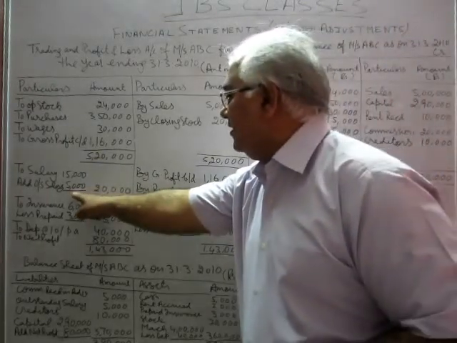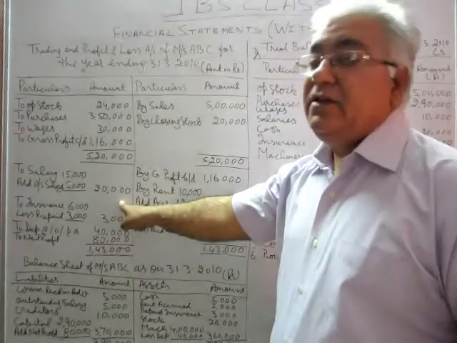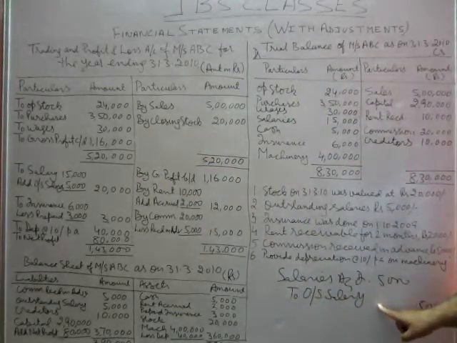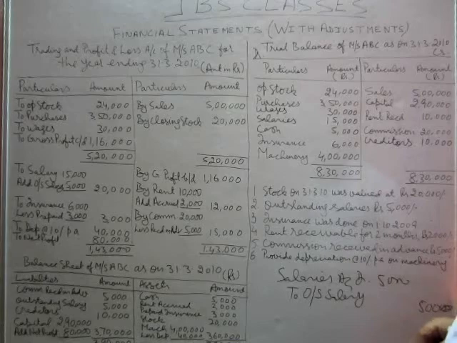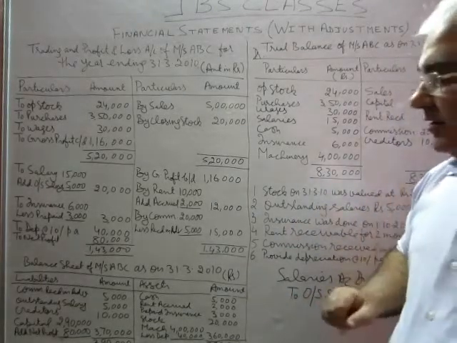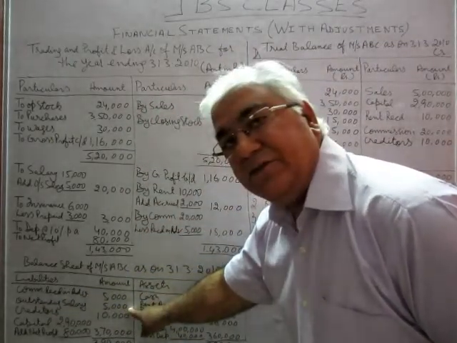This has been added here, and net effect is we are debiting P&L with 20,000 rupees. And this new account which has come into existence, outstanding salaries for 5,000, will be shown on the liability side of the balance sheet. That is outstanding salary 5,000.